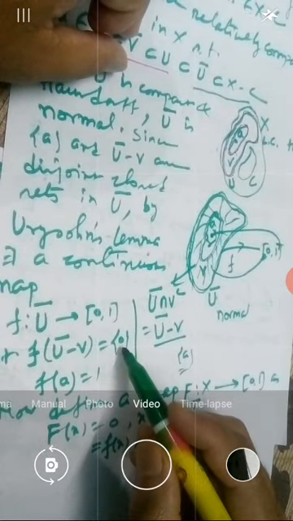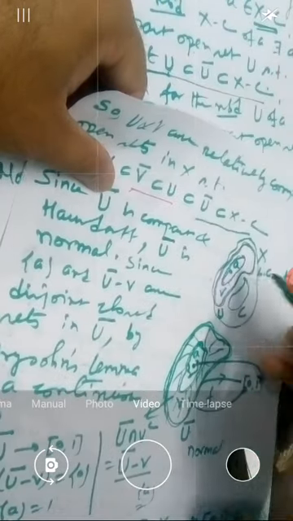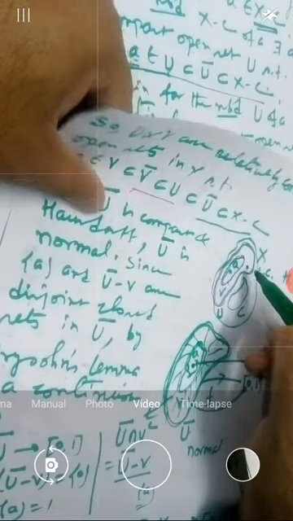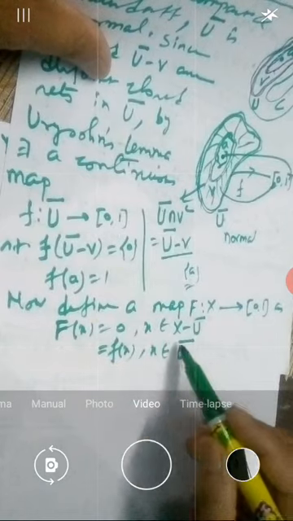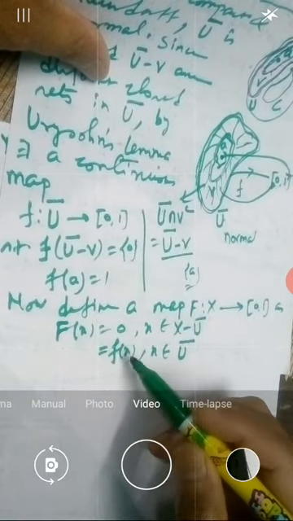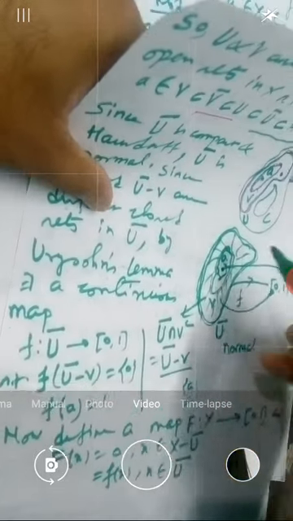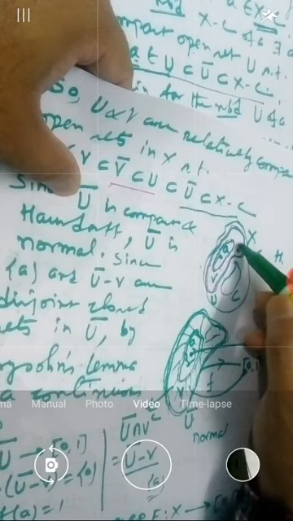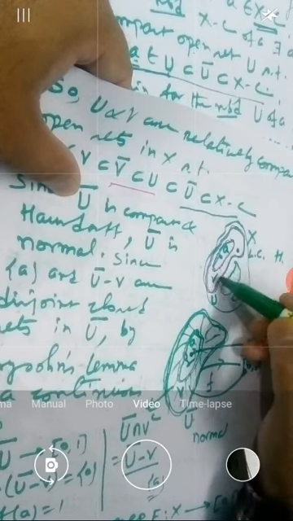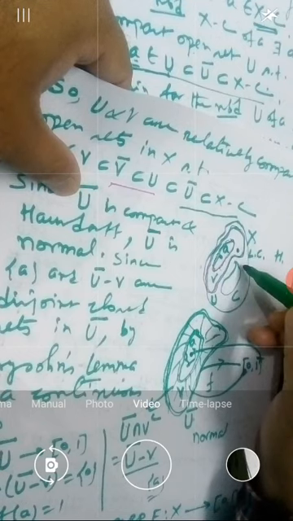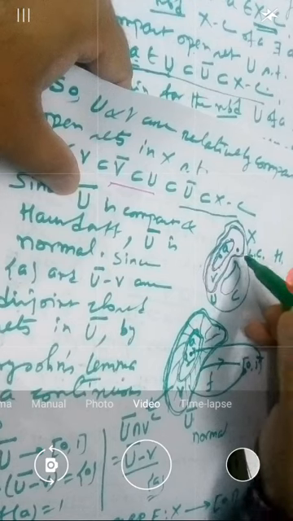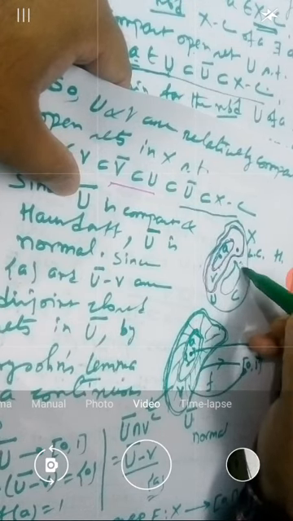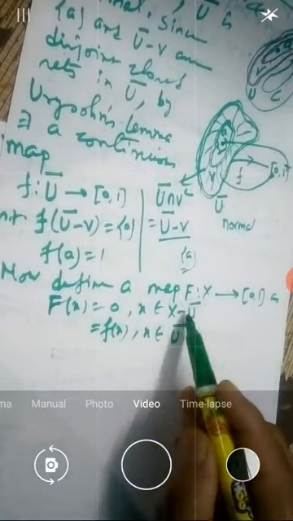So if we take a point from this annulus, it being a point of U bar, it will be small f of x, but within this annulus small f of x is 0, so it will be 0. So if we take a point from this annulus, then capital F of x will be 0, and if we take a point outside this U bar, then also by definition of this capital F, it is 0.